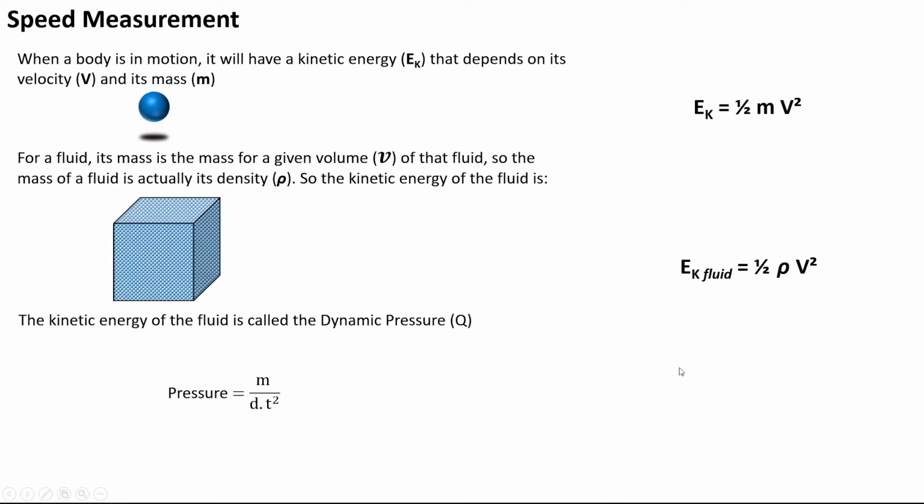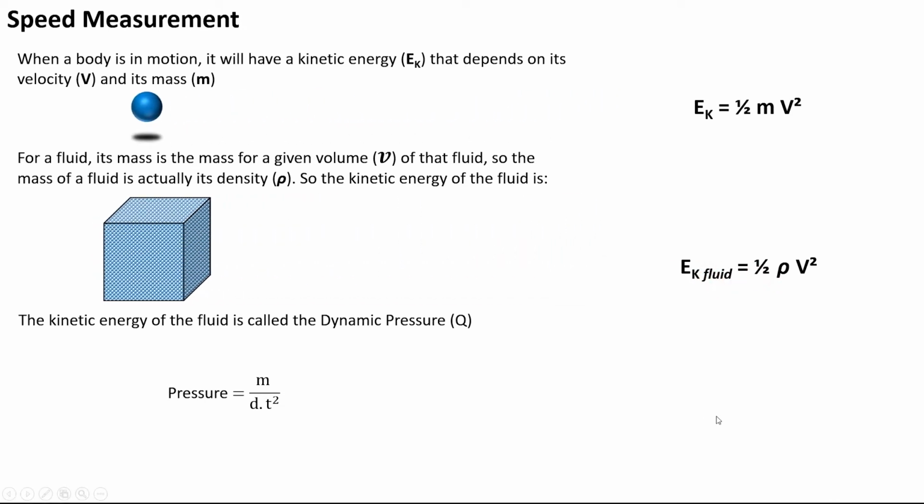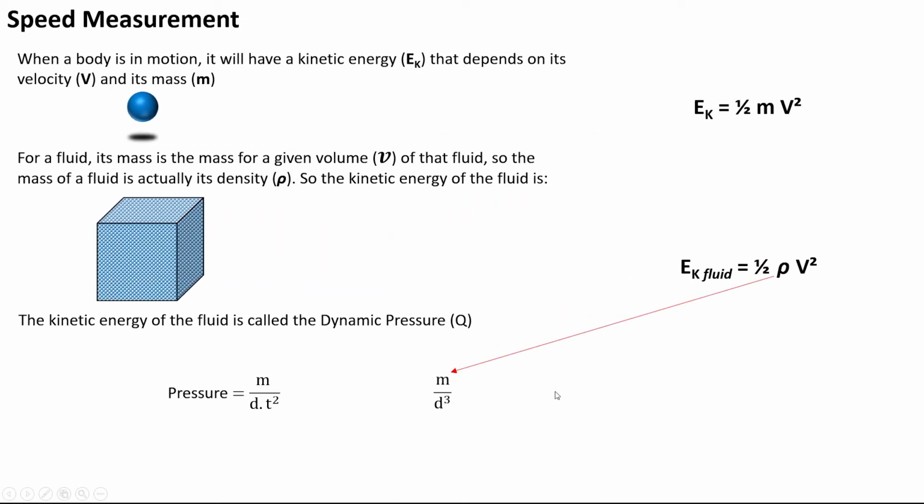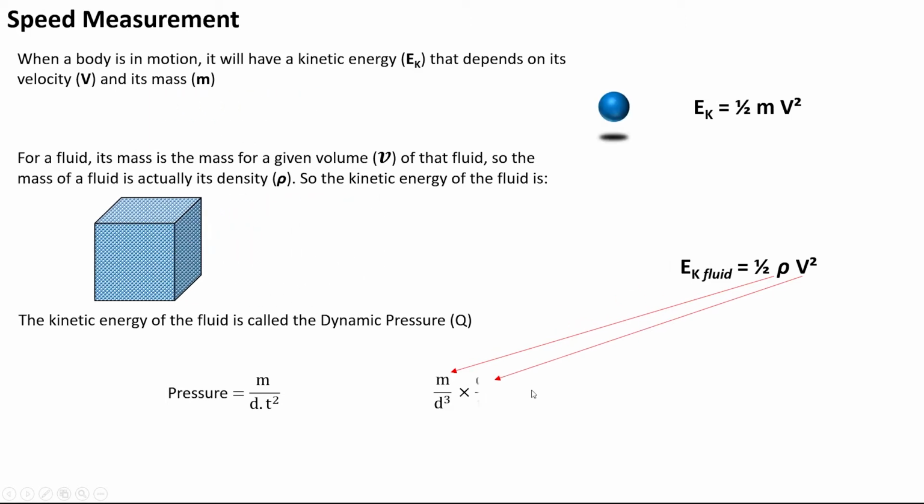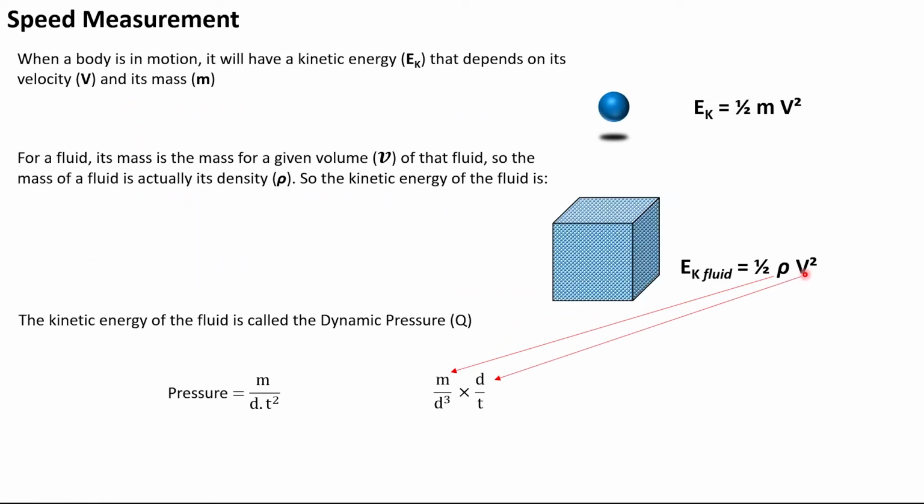But if we now look at this equation of the dynamic pressure, well, half we don't care because it's a constant, it's a number. Density is a mass over volume, and volume is a distance cubed. And speed is distance over time, but it's speed squared, so it becomes distance squared over time squared. So we square everything, all right?